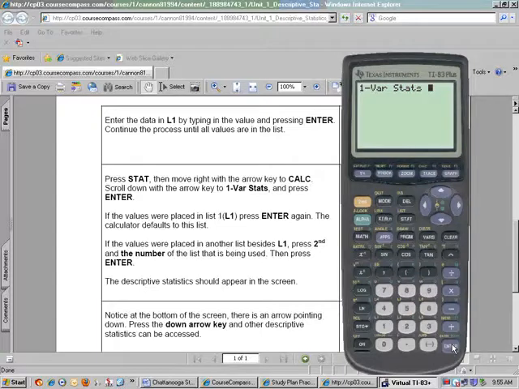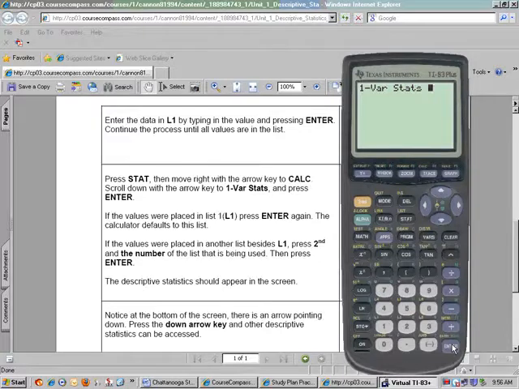That means the calculator is set up to read the values from list 1, so you do not have to tell it that your values are in list 1. But if your values were in list 2, then at this point you would have to tell it list 2. So right now, I'm going to show you how to tell the calculator which list you're working with. Remember, if it's in list 1, you do not have to do this, but you can if you want to.